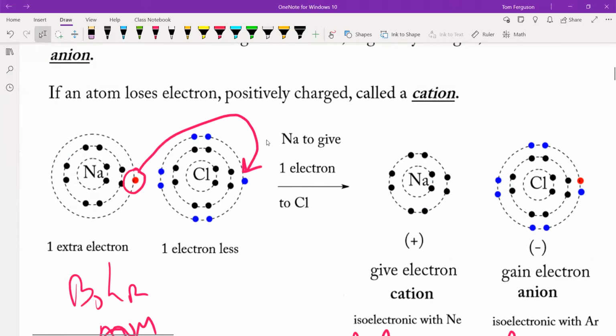So we have the core electrons of sodium, which are these guys here.